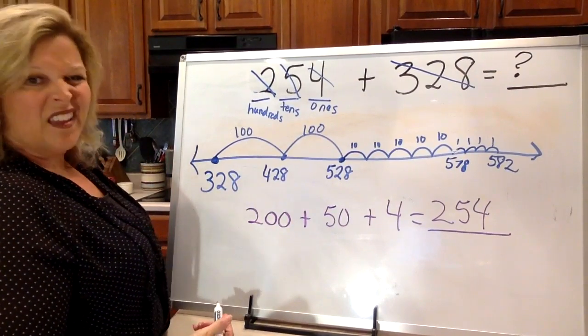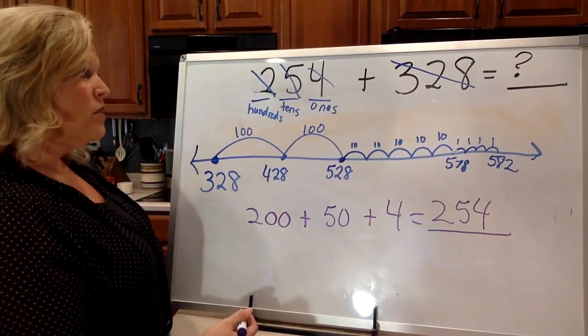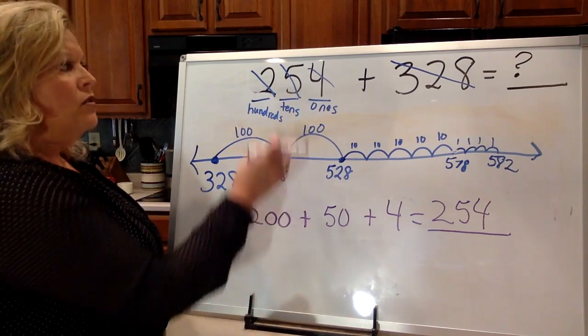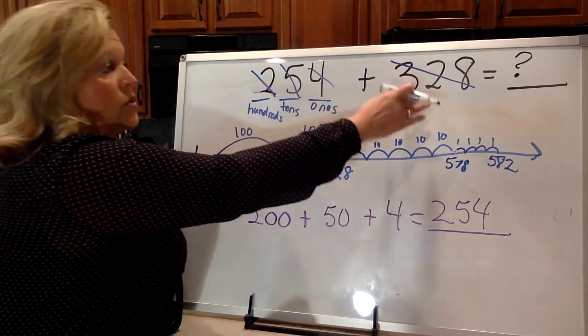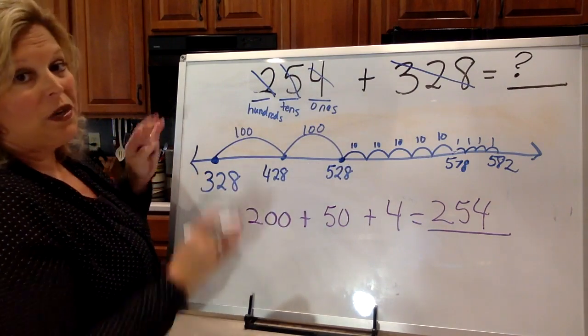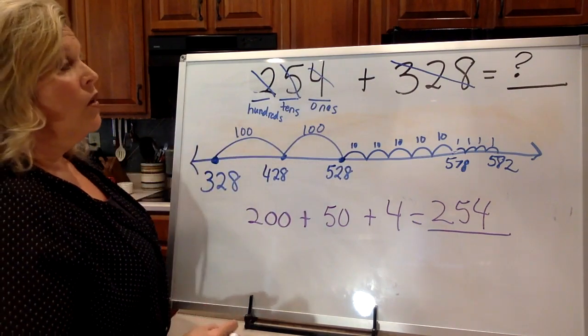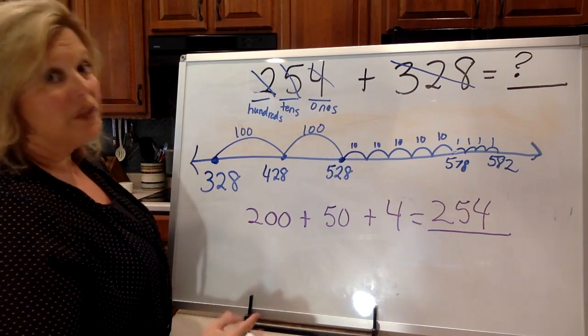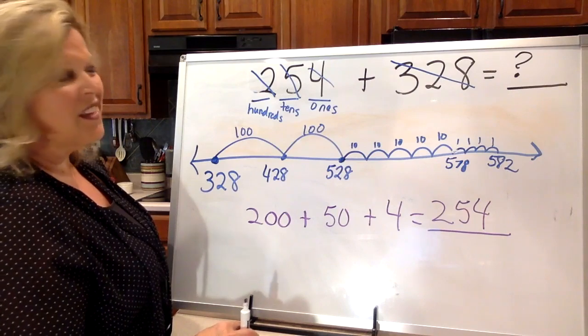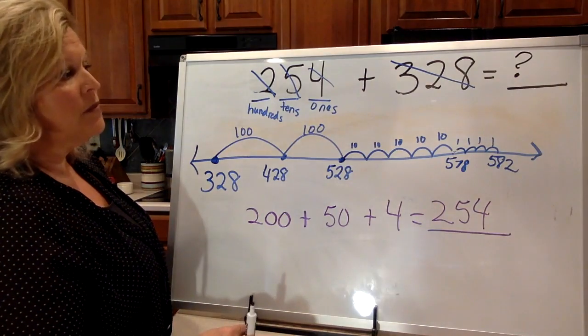And so what's the answer? A lot of work here, boys and girls, but what were we trying to find out? 254 plus 328. We started with 328 because we can change and flip-flop the order of the add-ins, and it still makes the same answer or the same sum.